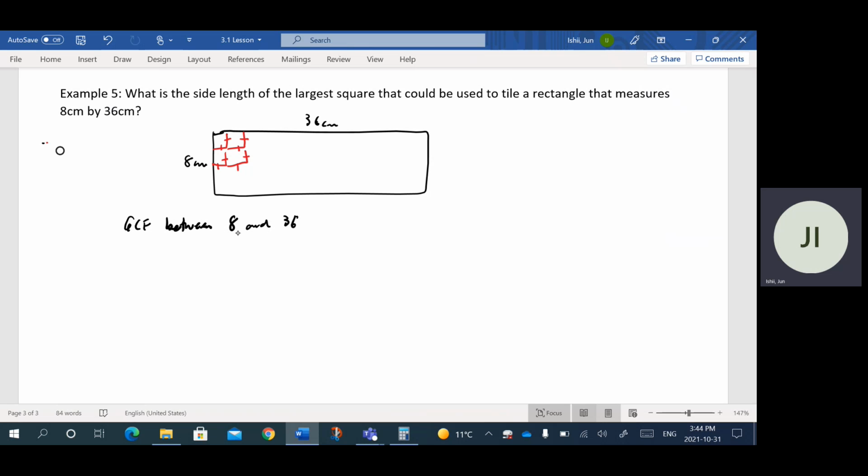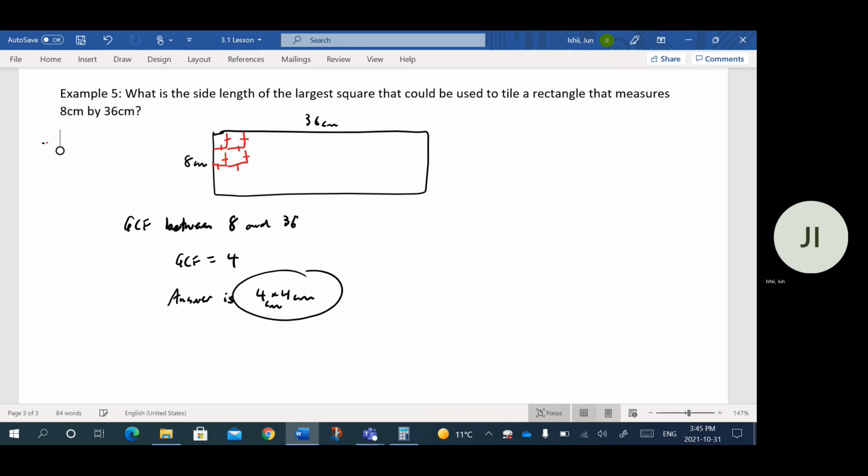Well, 8 doesn't go into 36, but 4 does. So the GCF is going to equal 4, because 4 divides into 8 and 36. Therefore, the answer is 4 by 4 centimeters.